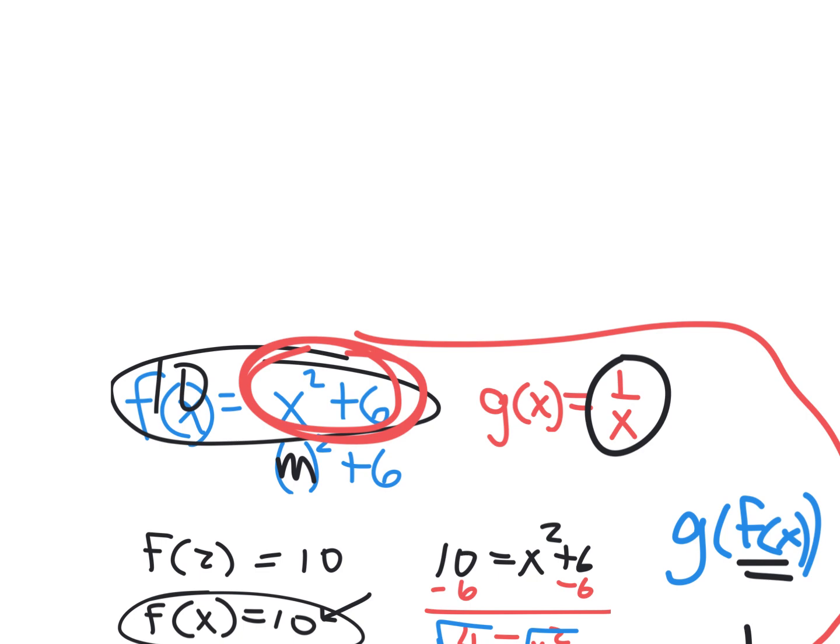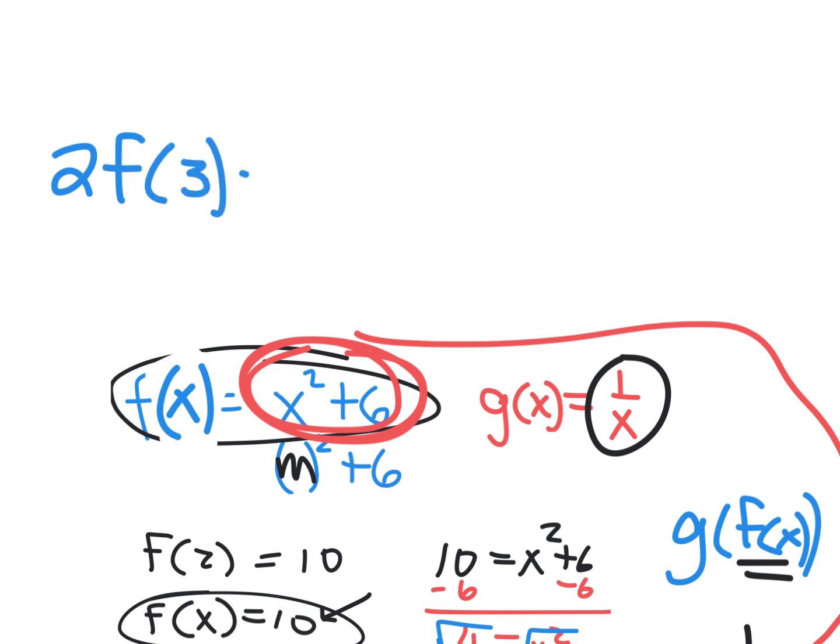These two functions are going to stay the same. We still have the same two functions, f of x and g of x. But now I'm going to ask you to do 2 f of 3 minus g of negative 1. Now that looks really complicated, but if you do one thing at a time, it's not that bad.